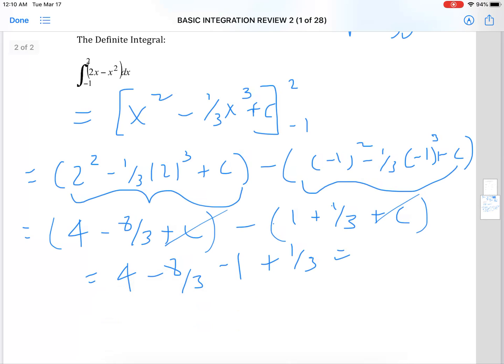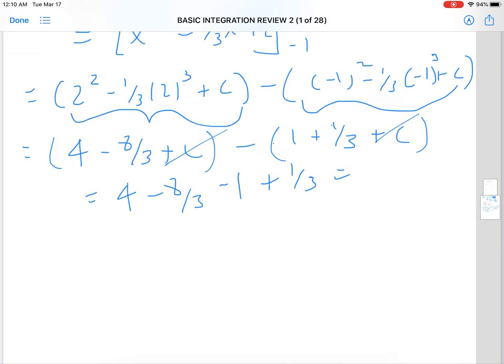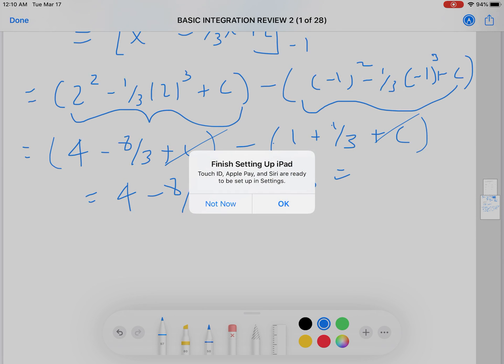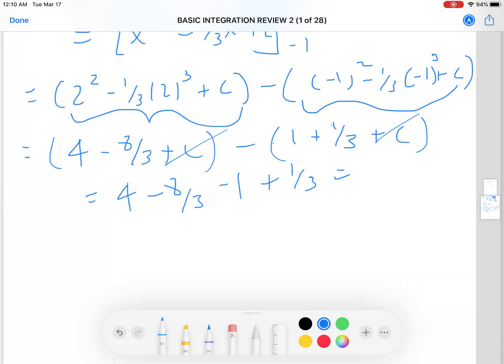So this gets us to almost the final answer. Actually, I just caught something here. One of the most common mistakes that people make is forgetting the distribution of the sign. So we're actually going to make this a negative 1/3.